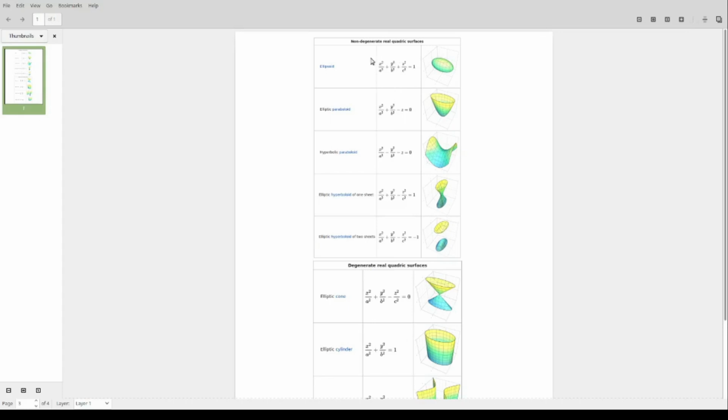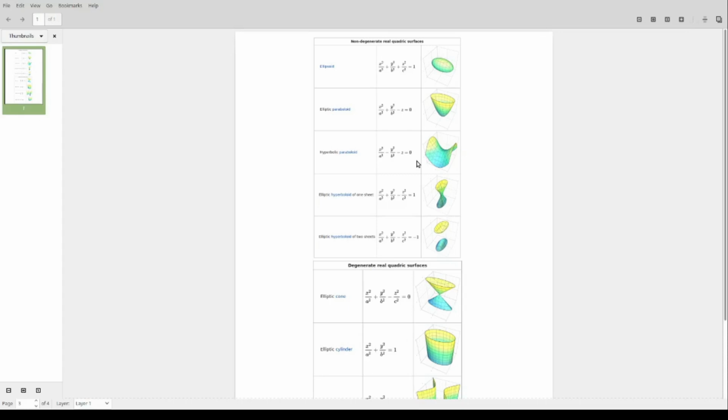So we have an ellipsoid, an elliptic paraboloid, hyperbolic paraboloid, and so on and so forth. In order to figure out what the shape is without using GeoGebra or an online or a computational tool, you would use this method of traces that I just went over. So it'd be a good idea to take some of these expressions and use the method of traces to verify that these are the correct shapes that you get.